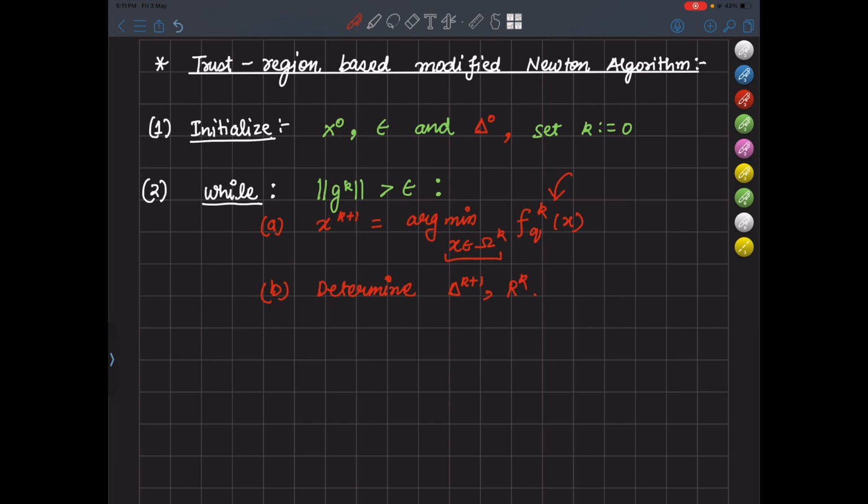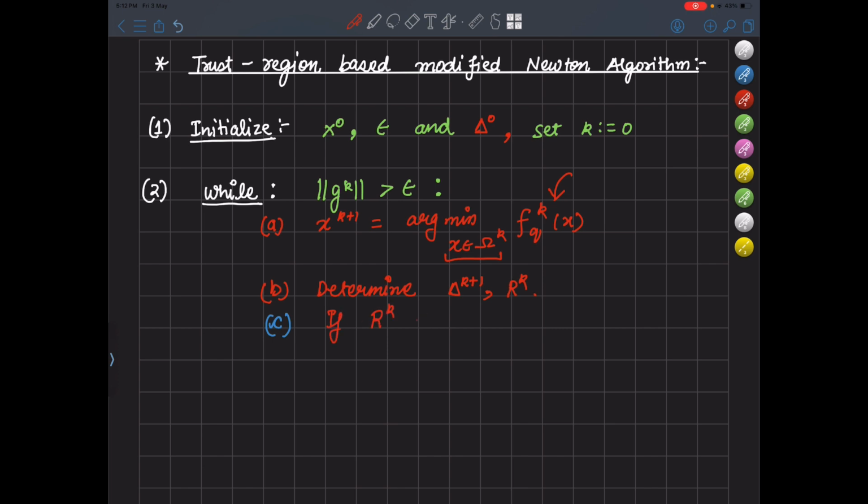Alright, so these two things we calculate, and now sometimes it may happen that rk might be less than 0, right?